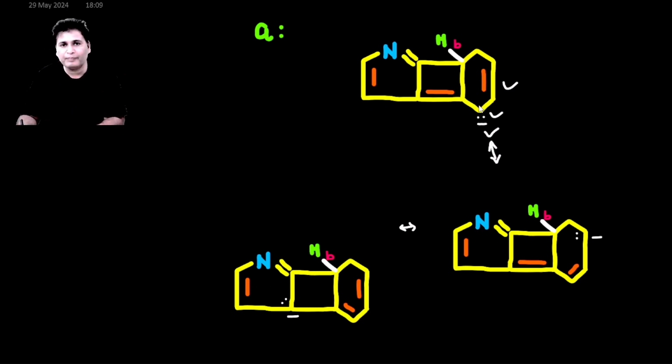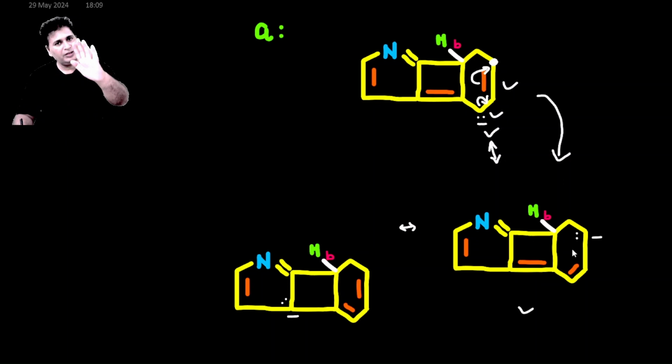So for that purpose, you have to float these electrons like this, and it will make a new pi bond, and simultaneously this pi bond will go and sit on this particular carbon. That will bring a minus charge as well as a lone pair on that carbon. As you can see, we have drawn a resonating structure as we have spoken about. So from the conjugation, you have delocalized the minus charge, making this resonating structure.